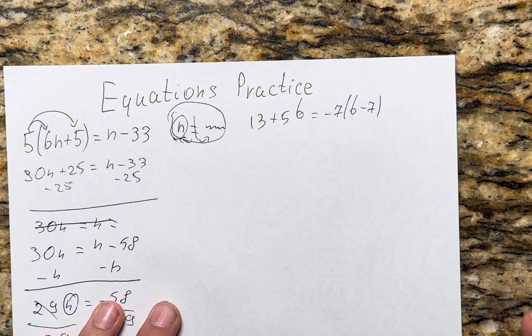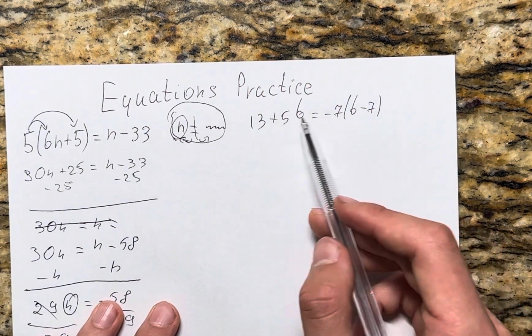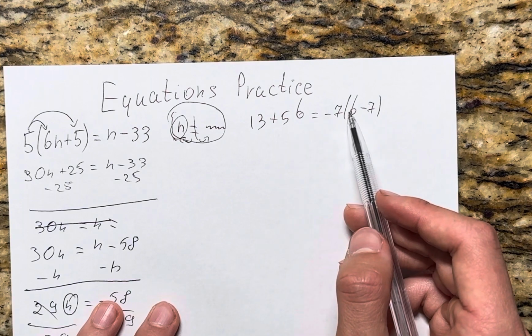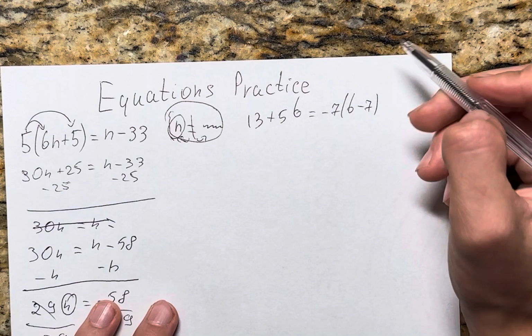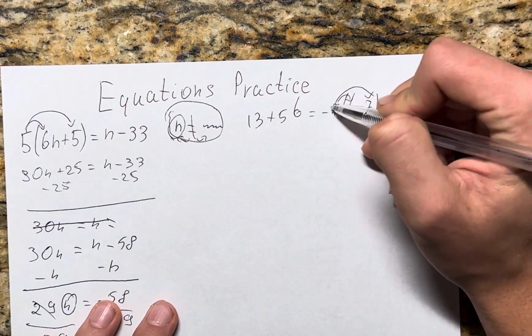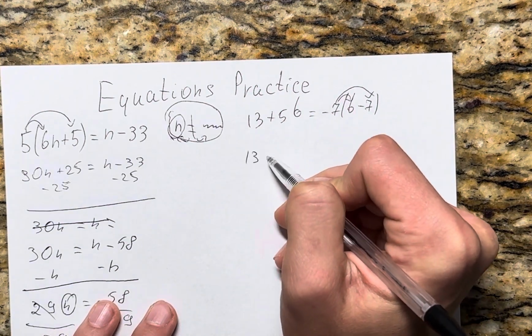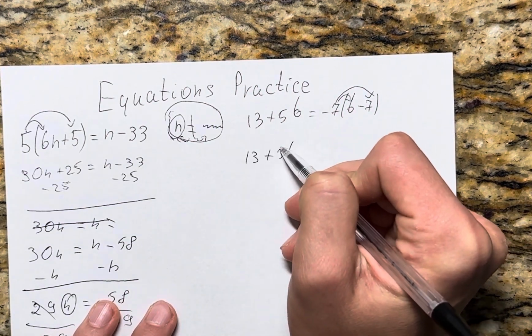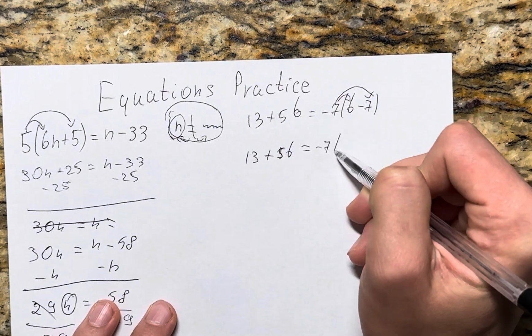You see, on this problem we have the variable on both sides of the equation as well. It is a similar problem to this. What we'll have to do first is multiply each of the numbers in parentheses by the number in front of the parentheses. What you'll get is 13 plus 5b equals negative 7 times b is negative 7b.